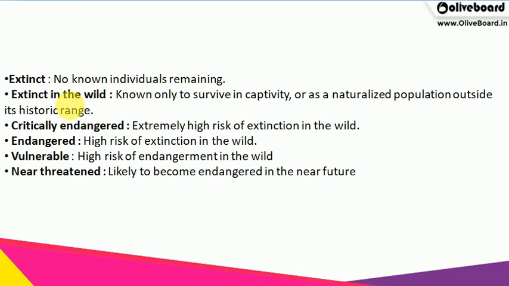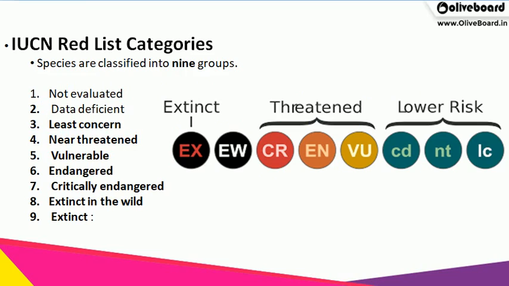Then extinct in the wild. This is important. All these definitions are very small, easy to understand, but important. Extinct in the wild means known to survive only in captivity or in a naturalized population outside the historic range. Then extinct, no known individuals remaining.